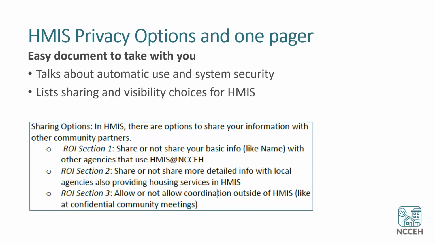That's part of the reason why we are asking to share ROI section 1, right? We want to share your basic information like your name, but also those other data elements we reviewed, so that we can search for folks. Because if we can't see a name or a date of birth or a gender, then it's really hard to identify someone.